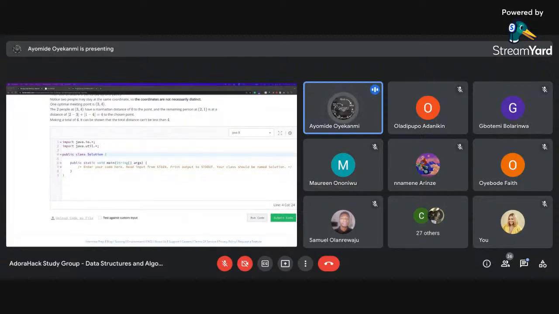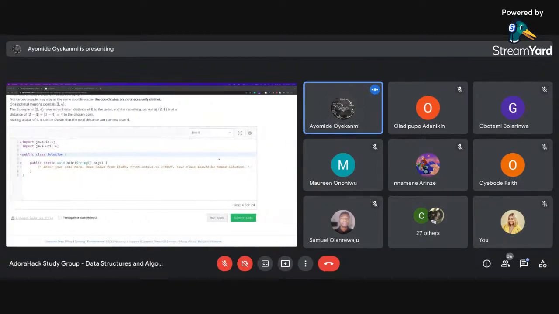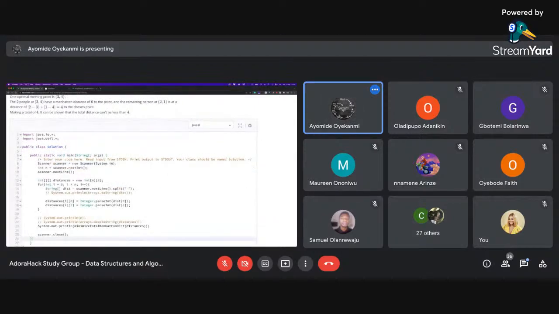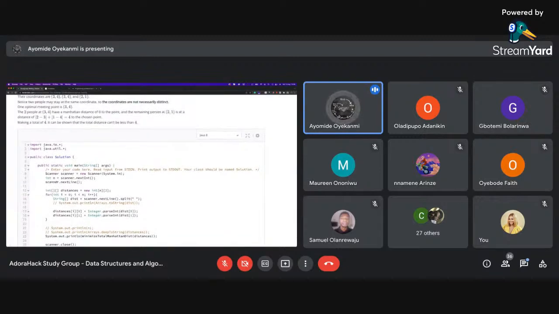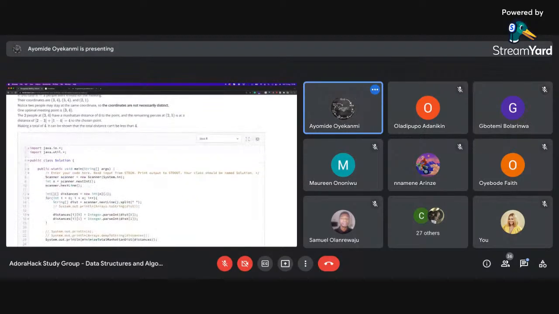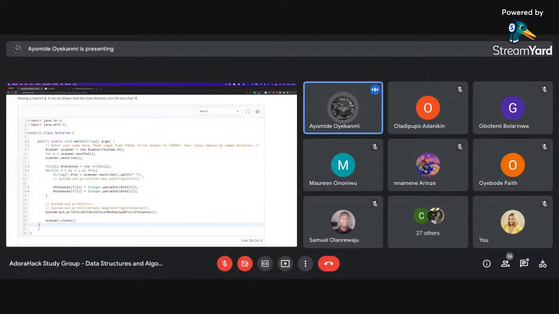Again, I'm going to copy out another way to read the inputs from somewhere. I don't have to spend time on that. So what we're doing here is reading all the distances of people.